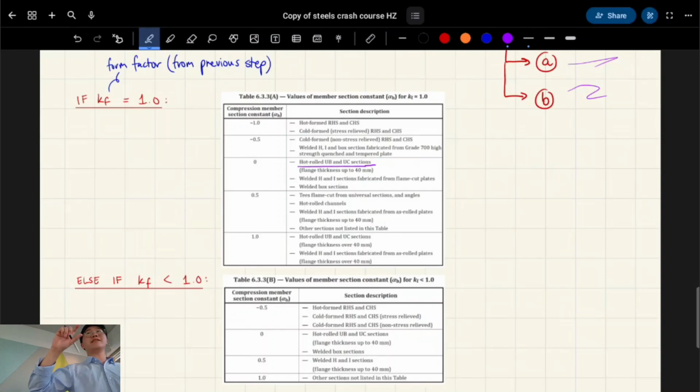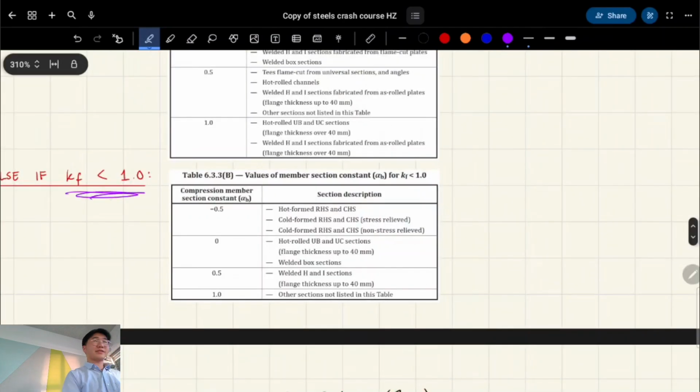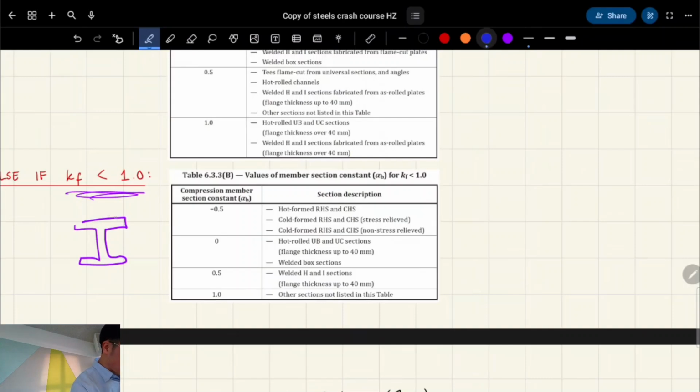And UC is a universal column, which is like an I-shaped column, basically, right? Hot rolled is anything you can find on OneSteel. Everything on OneSteel is considered hot rolled, and that's just the way it's manufactured, essentially. Make sense? Yeah. If KF is less than 1, so if parts of it are ineffective, right? Like say that's ineffective, that's ineffective. You just follow a different table, but it's based on classification, essentially.